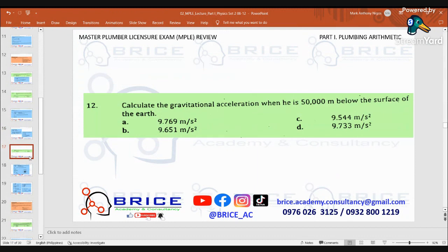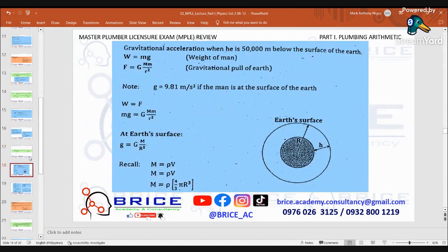Number 12. Calculate the gravitational acceleration when he is 50,000 meters below the surface of the Earth. W is equal to mg, weight of the man. F is equal to G M m over r squared, gravitational pull of Earth.